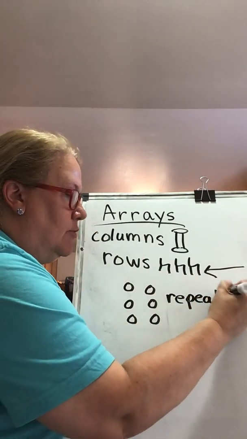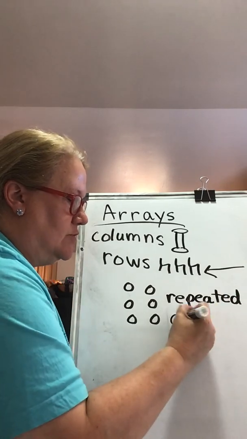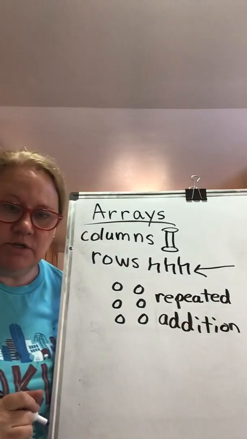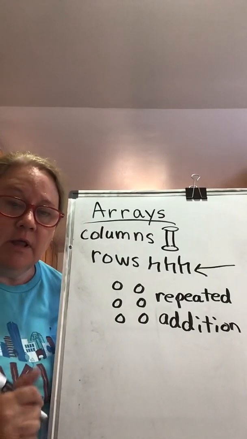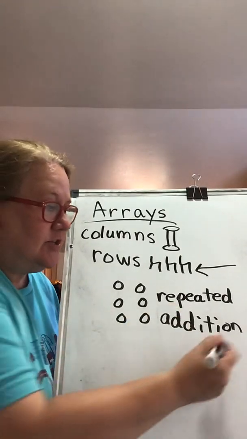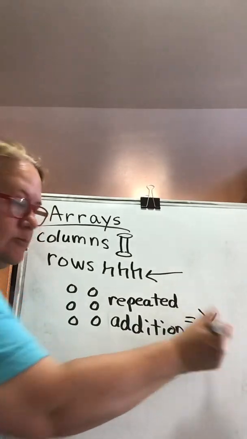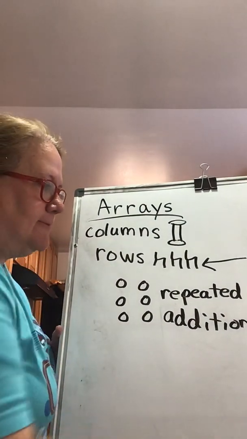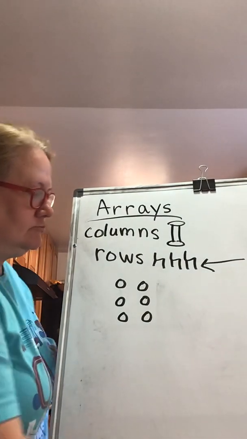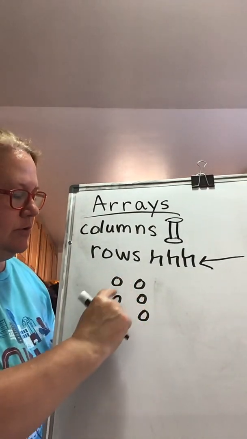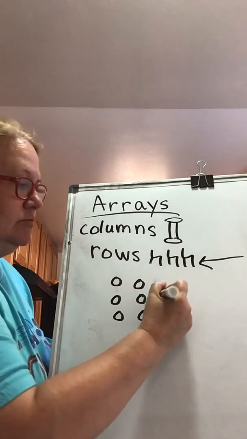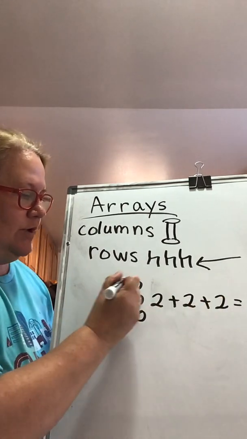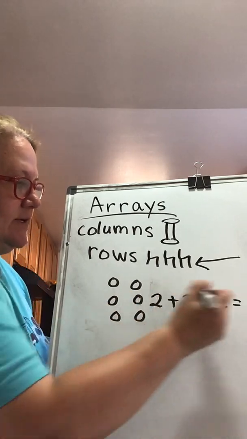So the important thing about arrays is we use them for repeated addition. Repeated addition equals multiplication. Let me show you what I mean. 2 plus 2 plus 2 equals 1, 2, 3, 4, 5, 6.